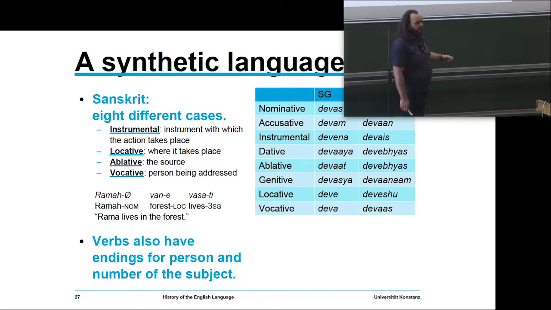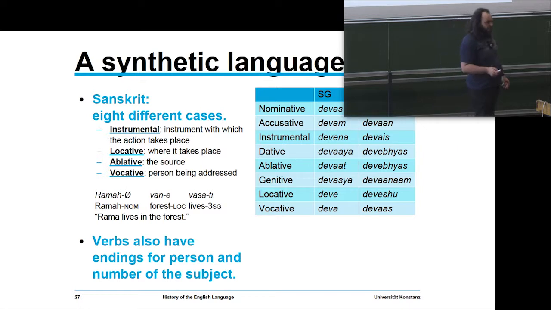And this is something that in, for instance, Old English texts you see. Old English actually maintains an instrumental case. We also have a locative case for the place in which action happens. We've got an ablative case for the source of action, and we've got a vocative for a person being addressed. So this is a language with a very, very robust case system.